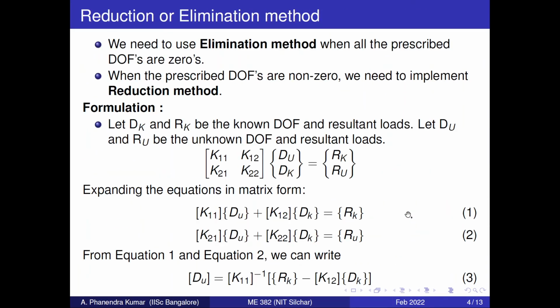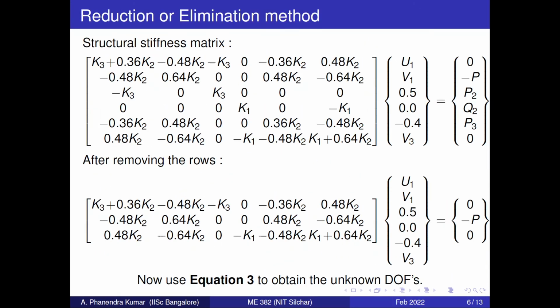Then we can go to the formulation and we will get the unknowns. Then we will replace back here to obtain the unknown forces also. This is what we will do in the reduction method. So mostly while solving the problems in an exam, we will use the reduction method or elimination method in general.